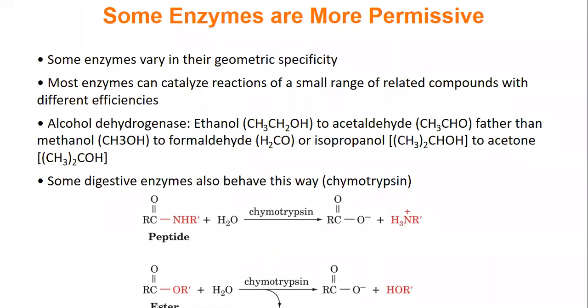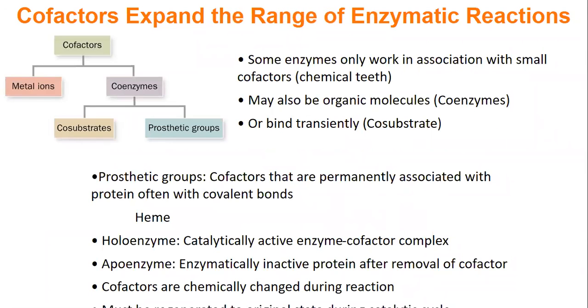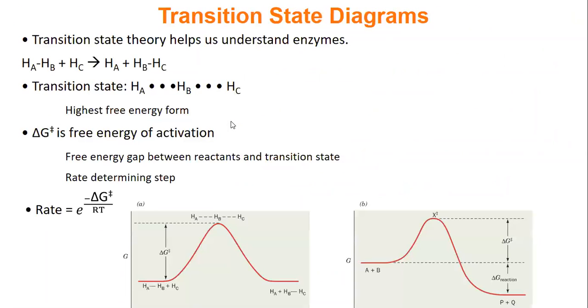We looked at the differences. We were talking about cofactors, looked at some terminology like holoenzyme, which is the complete enzyme plus cofactor, apoenzyme being just the enzyme without the cofactor. And then we ended here where we talked about transition state.